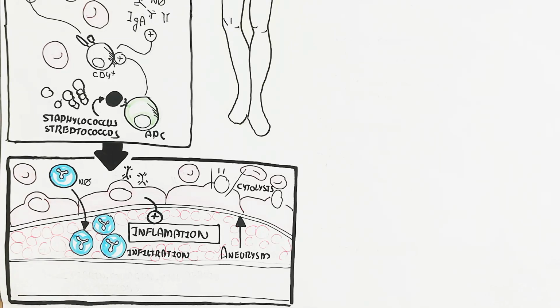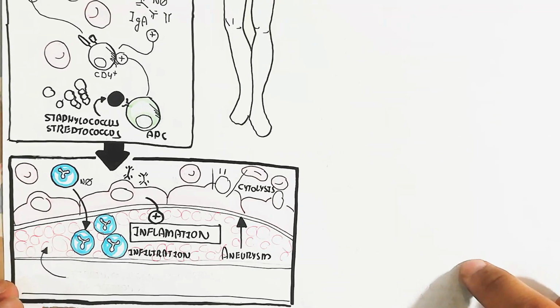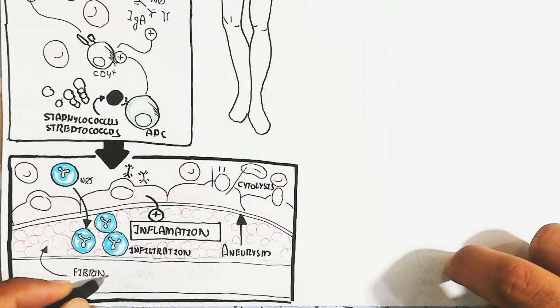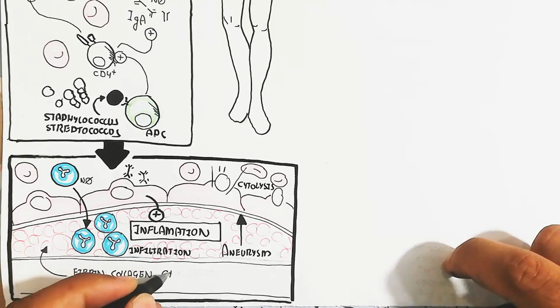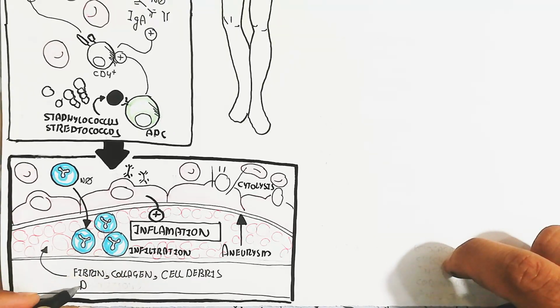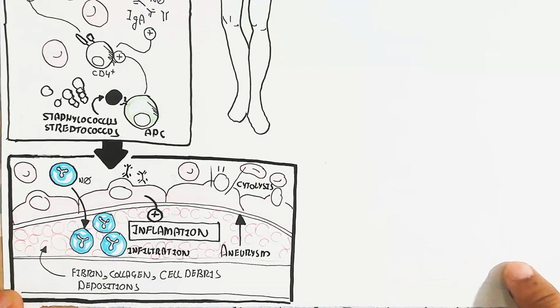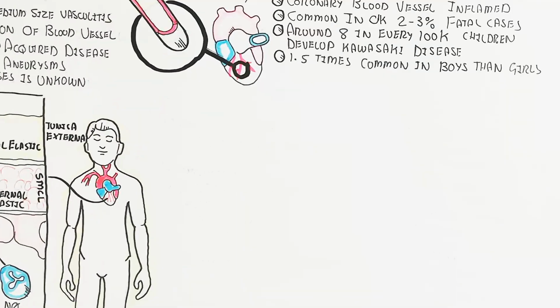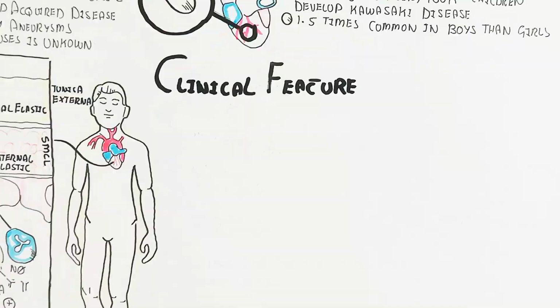Aneurysm will occur due to the inflammation, and endothelial growth factor is also involved in the regeneration of the endothelium, with fibrin, collagen, and cell debris deposition in the smooth muscle layer.